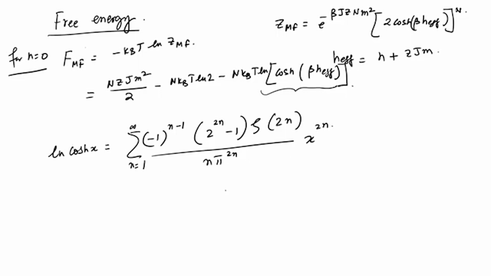The coefficients are called Bernoulli's coefficients anyway. But if you look at the first few terms, then this is equal to x square by 2 minus x 4 by 12 plus x 6 by 45 and so on.